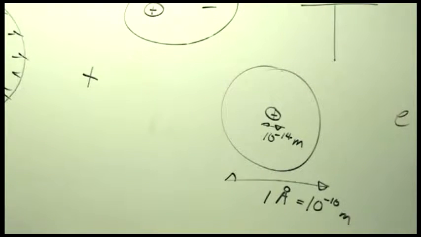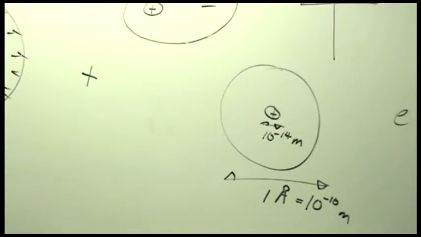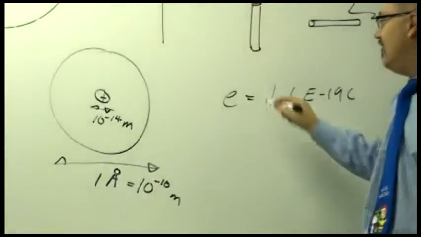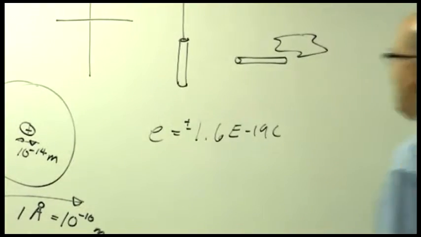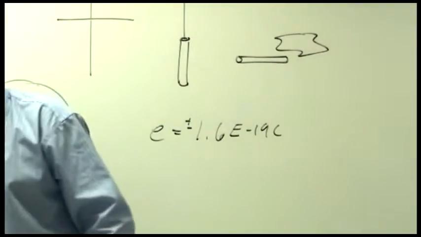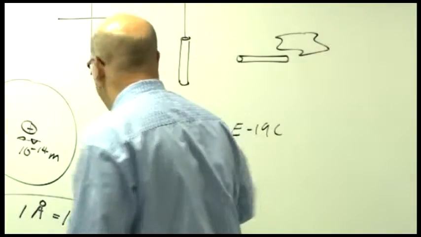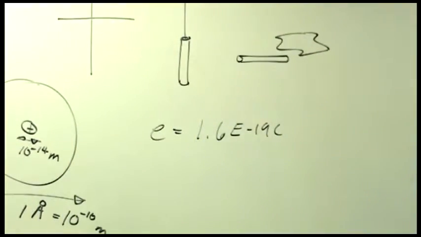Negative 1.602 E minus 19. I'll put plus or minus depending. A lot of times they'll just call this the electron charge, or the magnitude of the electron charge, and they'll leave it positive, just because electrons are easier to get a hold of.